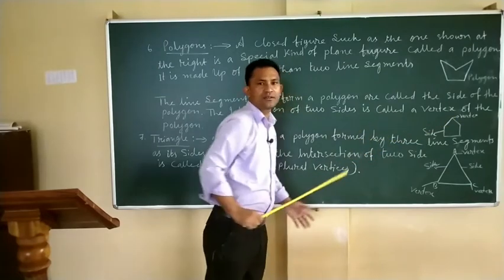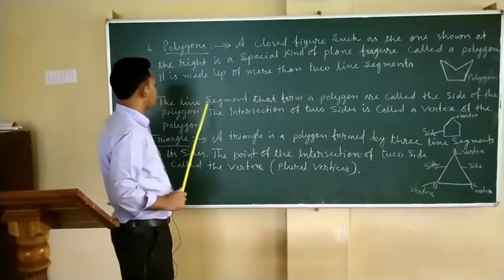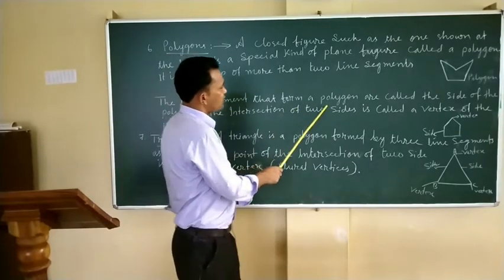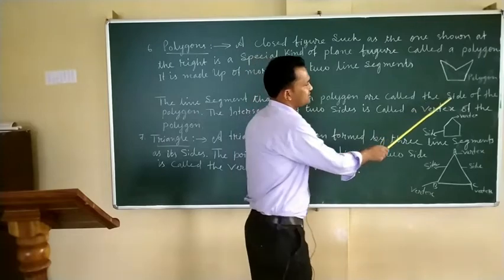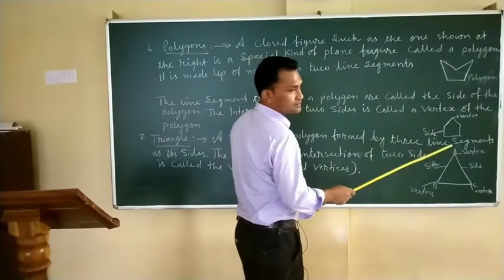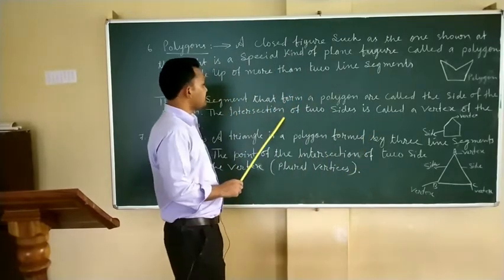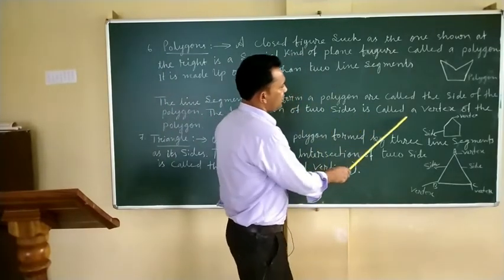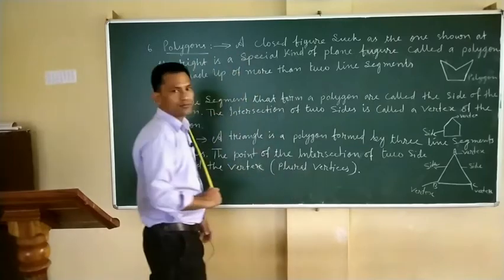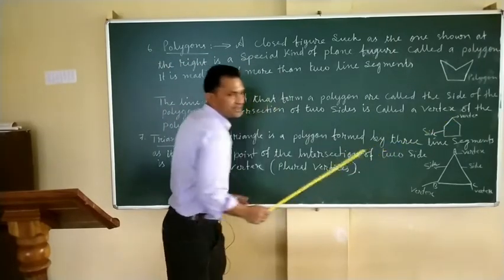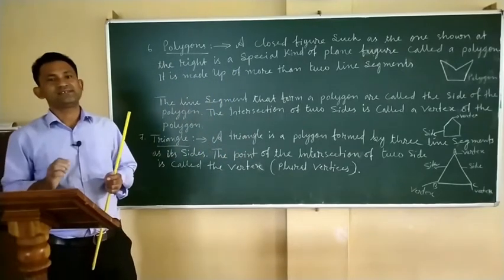This is called a vertex. Okay. The line segments that form a polygon are called the sides of the polygon. These are the sides. The intersection of 2 sides is called a vertex of the polygon. Intersection meaning these 2. Okay.